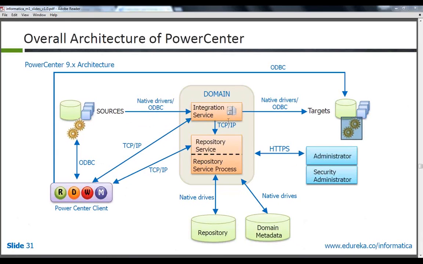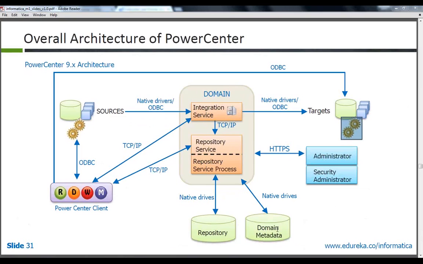So domain metadata is more of a high level thing, while repository metadata is more about what you require in the code. It is a code spec. The domain metadata is required for how Informatica logins will work, how the log services will work.